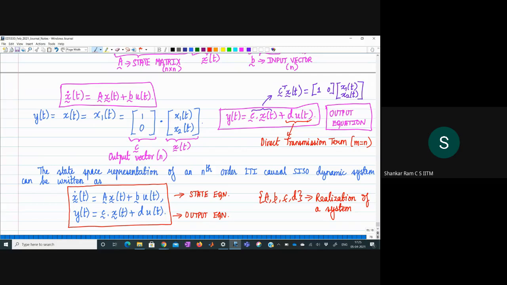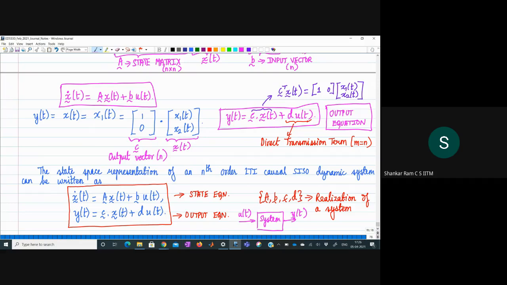So this is the state space representation in general. Once again, if you look at a system with an input u of t and an output y of t, in the transfer function representation, we directly related y and u.